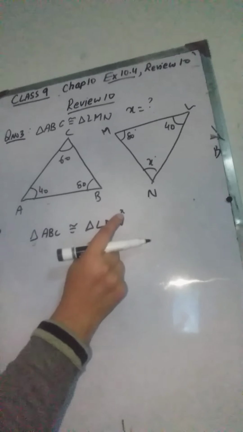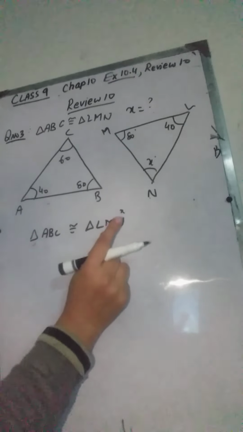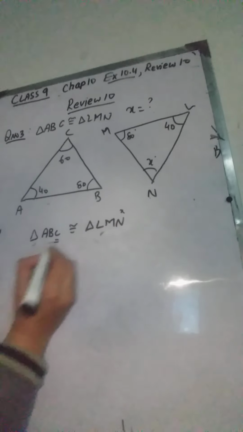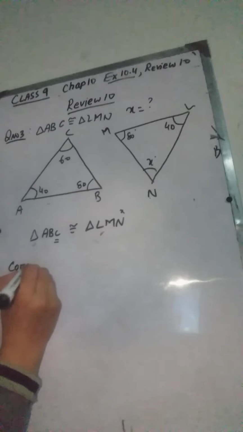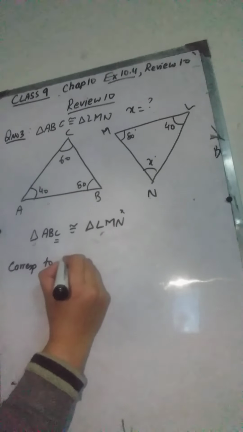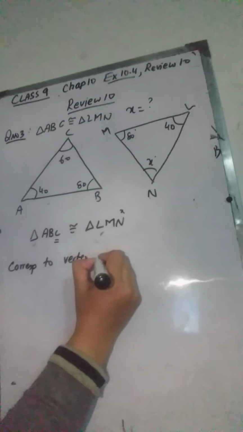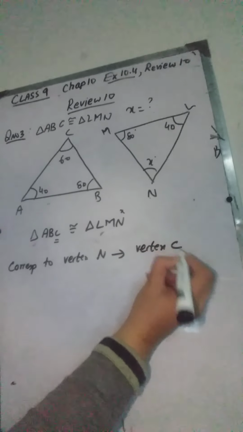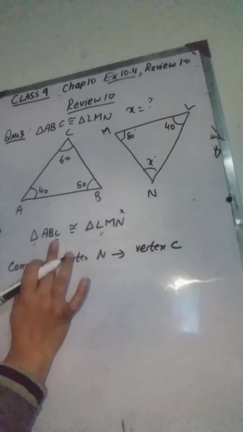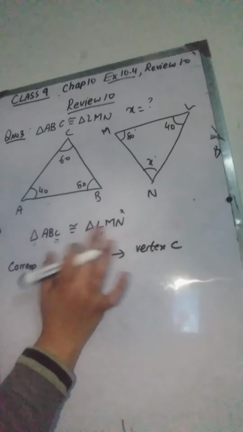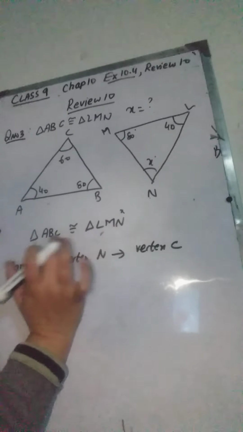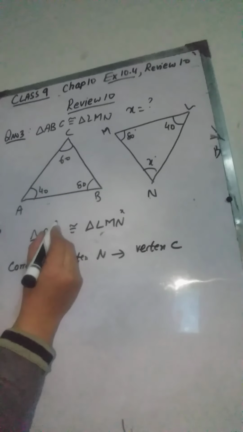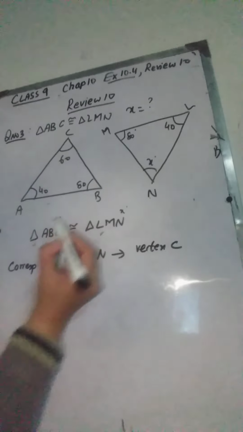Corresponding to the vertex N, we have vertex C. When two vertices are corresponding, the angles made at these vertices are also corresponding. So the angle made at the point C is 60 degrees, and here we have the angle x.